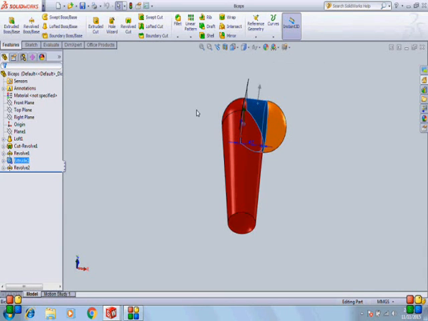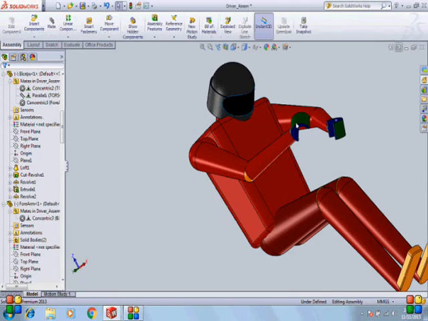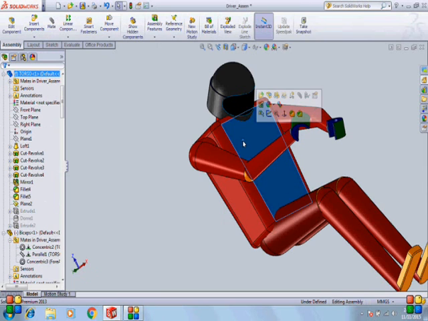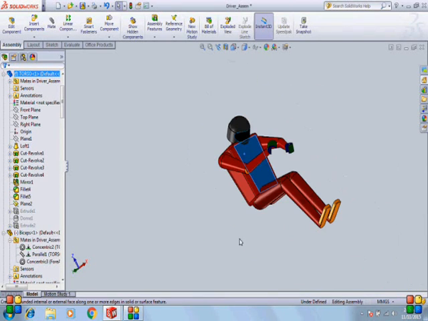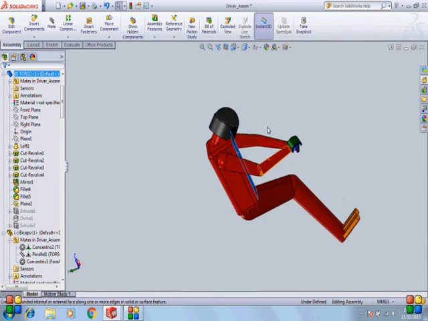Then an extrude to create a little bit of a head for the shoulder, and again a revolve to make a bulge which will fit into the socket in the torso. And we have already discussed how we have made the torso. It's a simple trapezium with all the sockets required for fitting in all the parts.